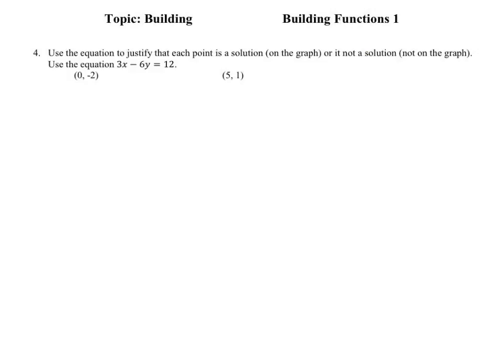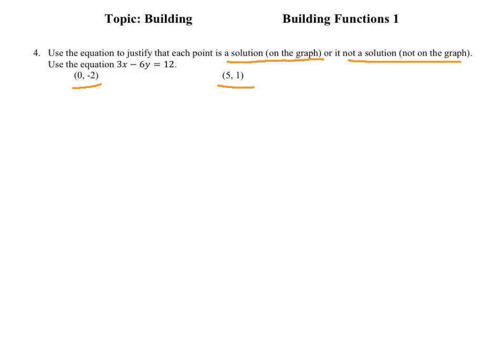For this last example, we are actually going to take an equation and figure out if these points are a solution, which means on the graph, or not a solution, which means not on the graph. We're going to use the equation 3x minus 6y equals 12.